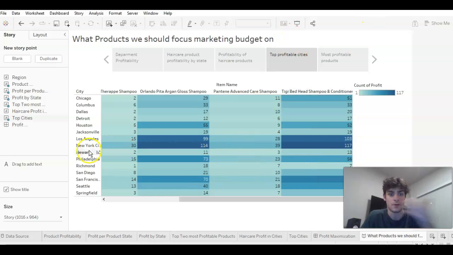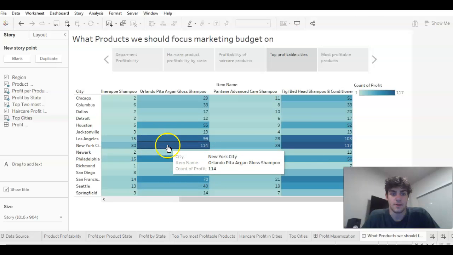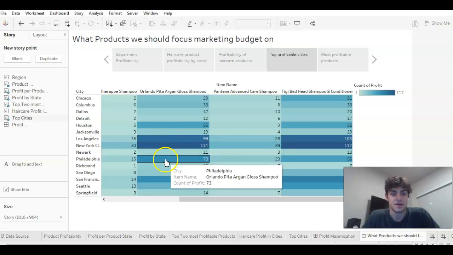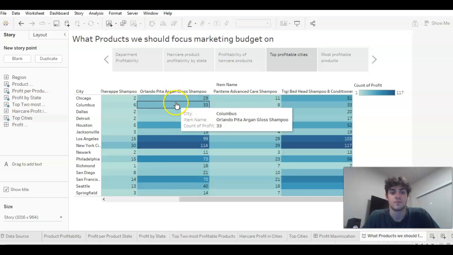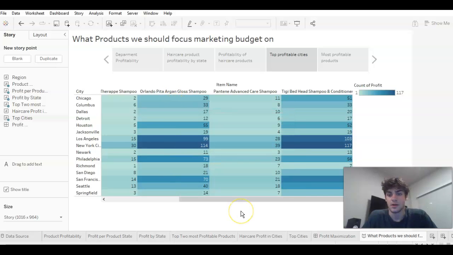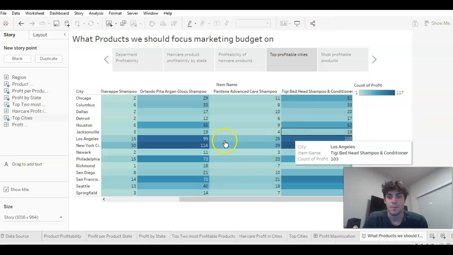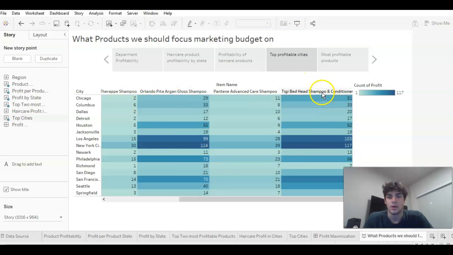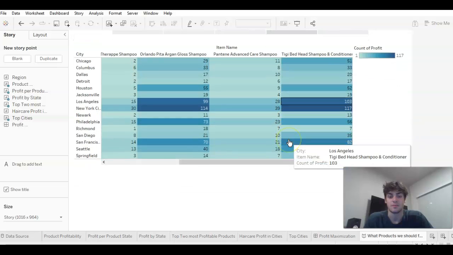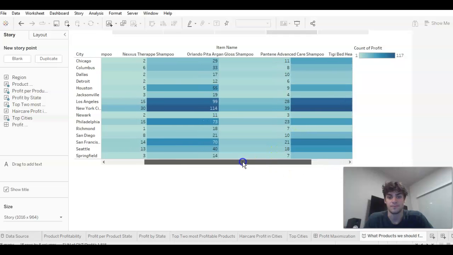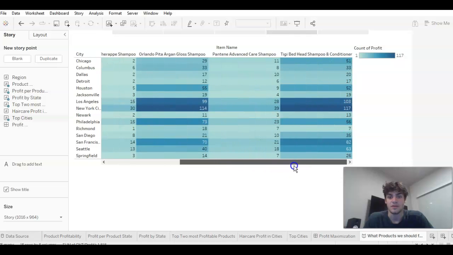So as you can see here, New York, Los Angeles, Philadelphia, Chicago, Columbus, Ohio. These are places where I saw that there was a lot of profitability and that we're probably going to want to target a lot of our marketing budget towards. And then also I started to realize these two products were actually selling the most out of all these states.